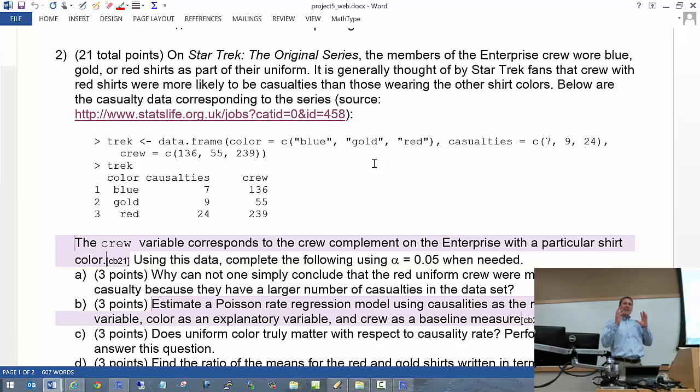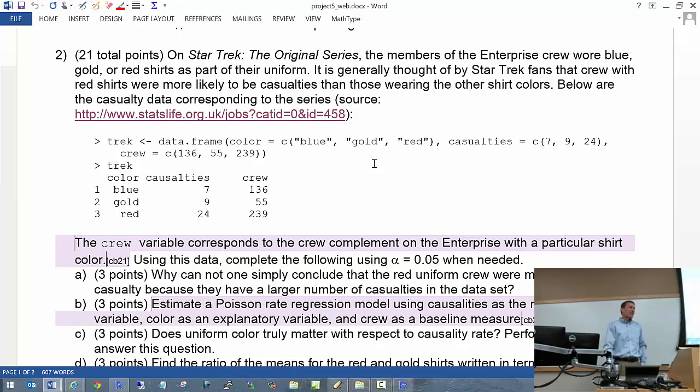And it is, I would say, at least 95% as good as the original series in terms of the storyline and also the studio scenes. It looks like they're actually on the Enterprise. So Google Star Trek Continues. There are 3 episodes out there, and the 4th one's coming out in May. And you probably never expected to hear that in a stat class.